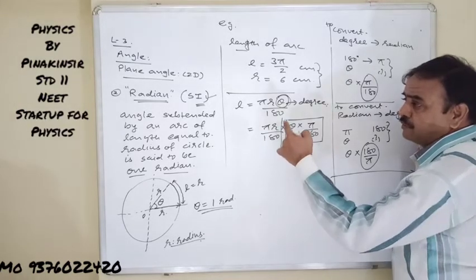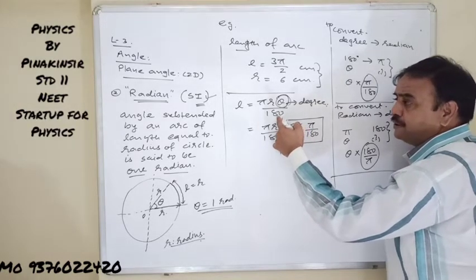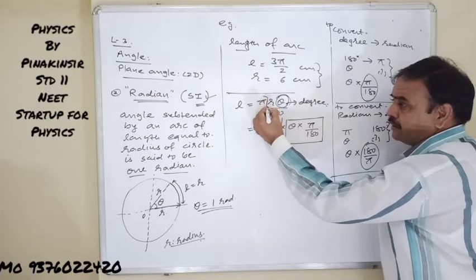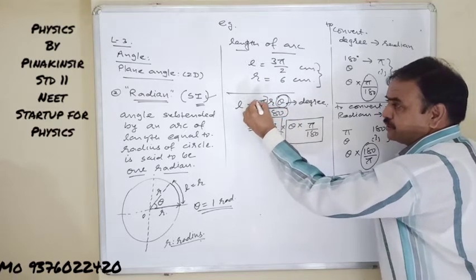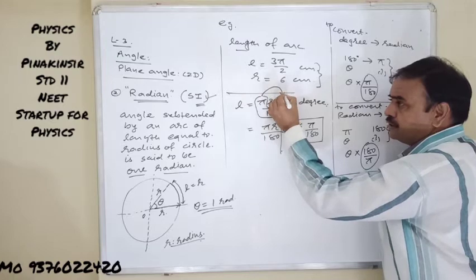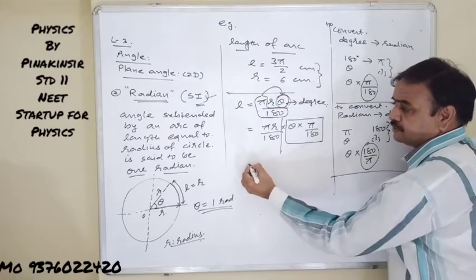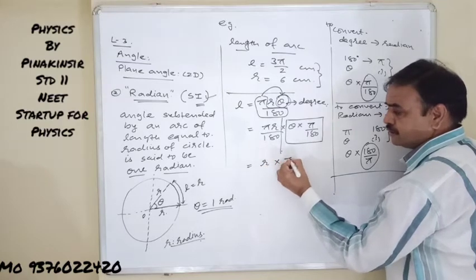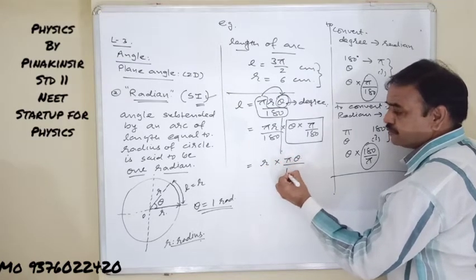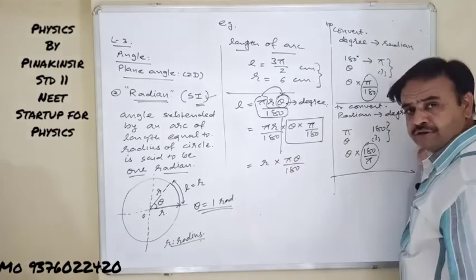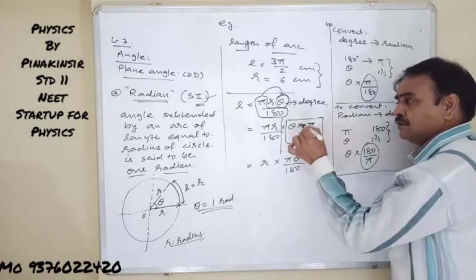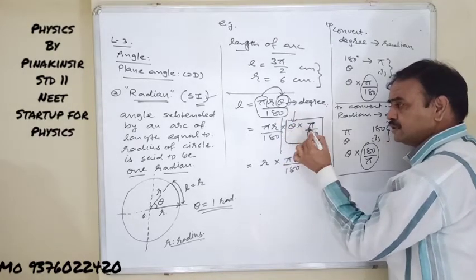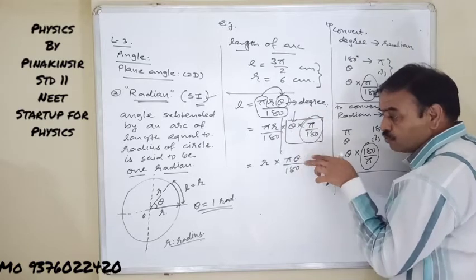Okay, if we take pi by 180, see here, if you are calculating any figure, then just isolate that radius, and the rest will be pi theta by 180. Rather than multiplying this theta with pi by 180, it is already there.